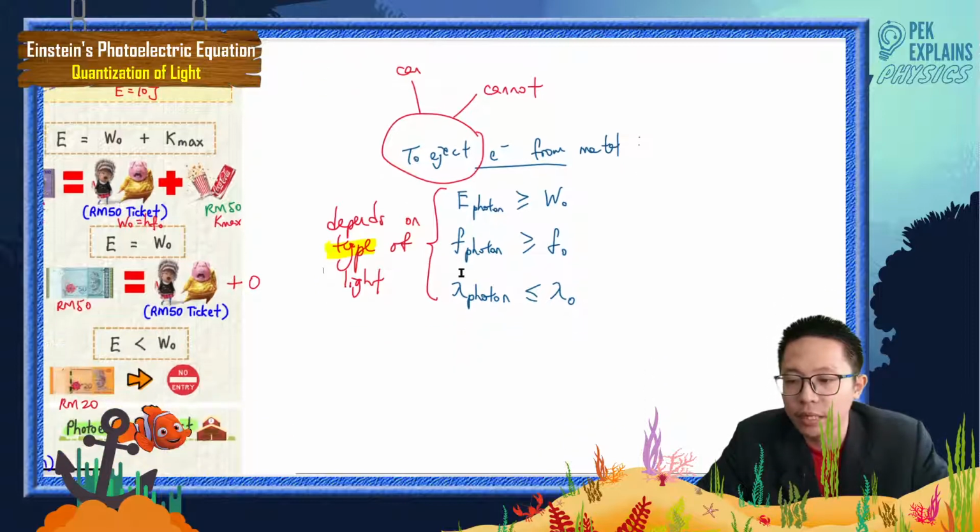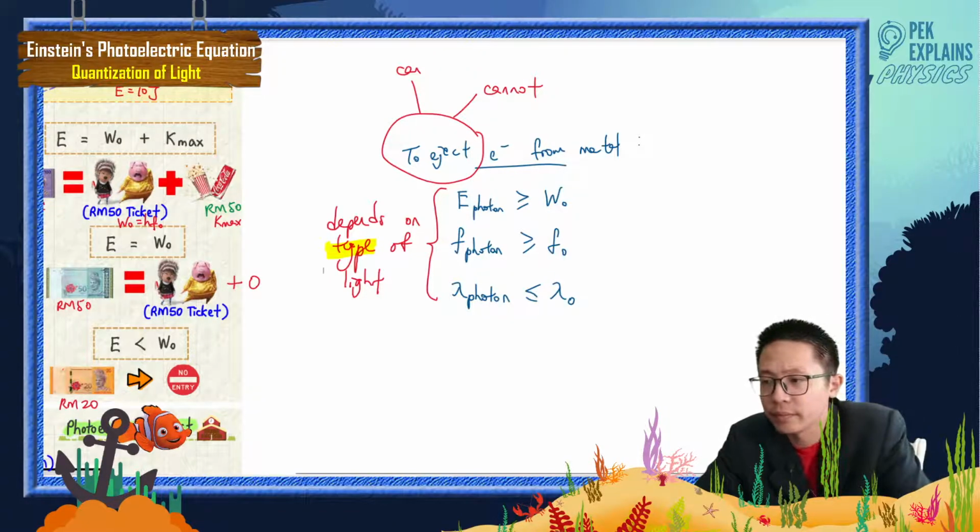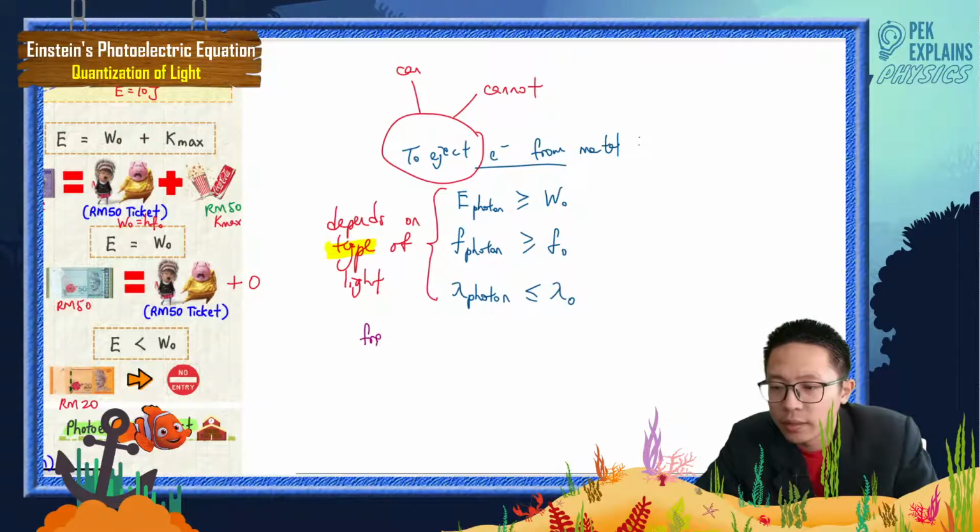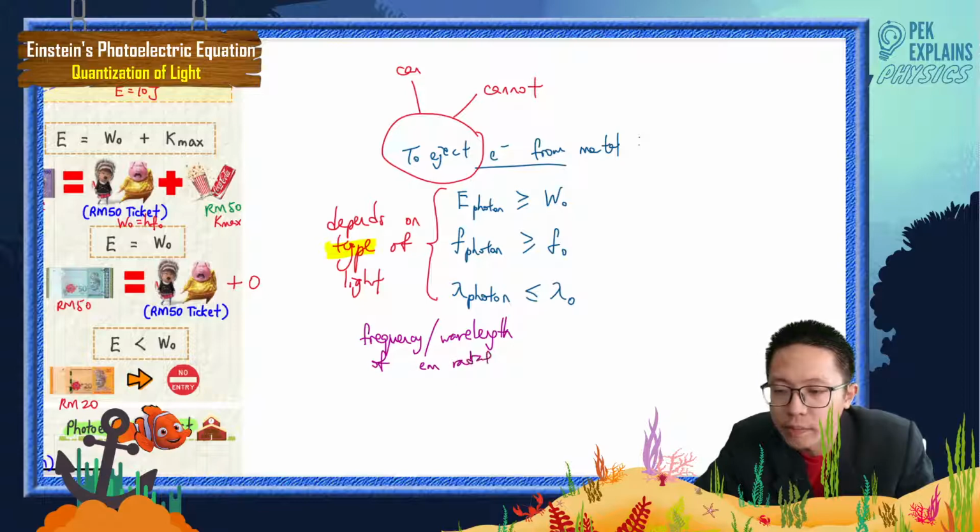Because when we're talking about frequency or wavelength of electromagnetic radiation, we are talking about the type of radiation.